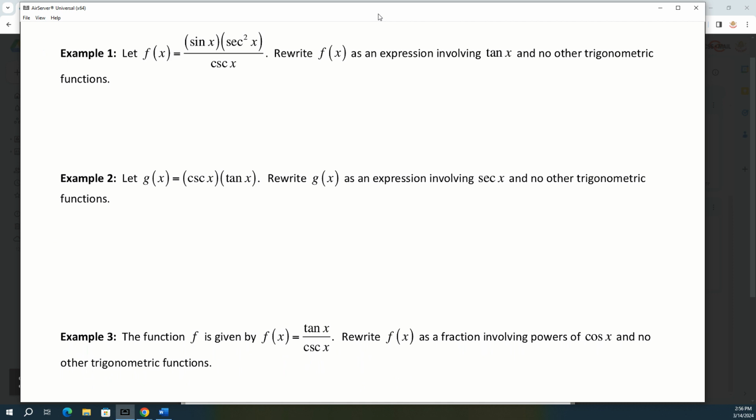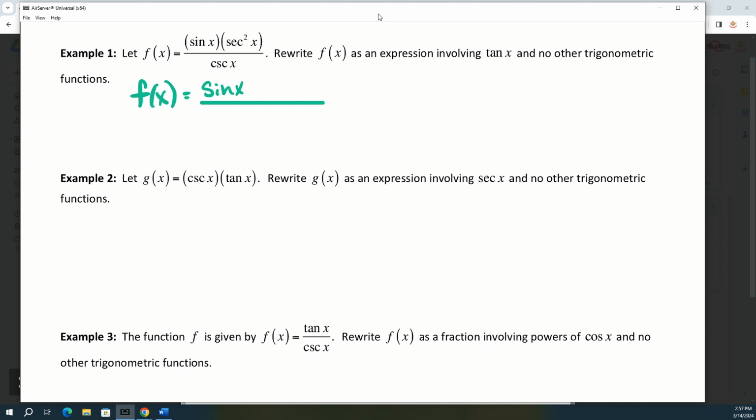Okay, so on example 1, this is the way it's worded on the AP test. Since we have a combination of multiplication and division, we're going to write everything in terms of sine and cosine. If it already is sine of x, we're going to leave it that way.